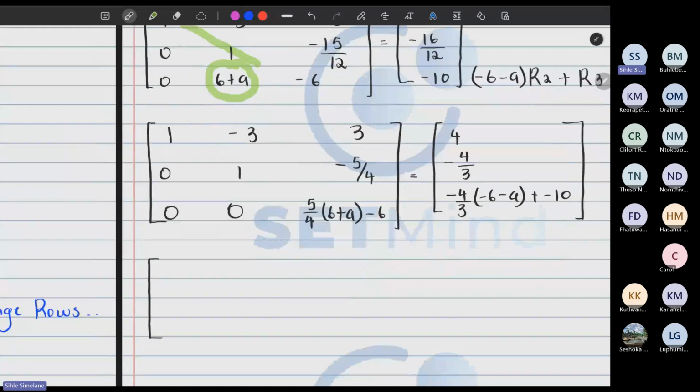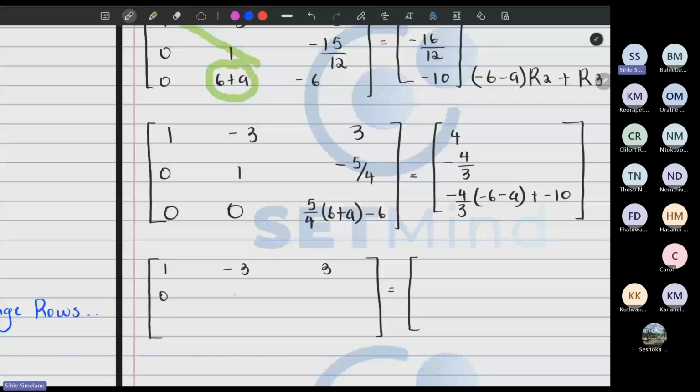So we need to combine them. So as minus 3, the 3 equals... Here I have a 0, a 1, negative 5 over 4. Then I have a 4, negative 4 over 3.